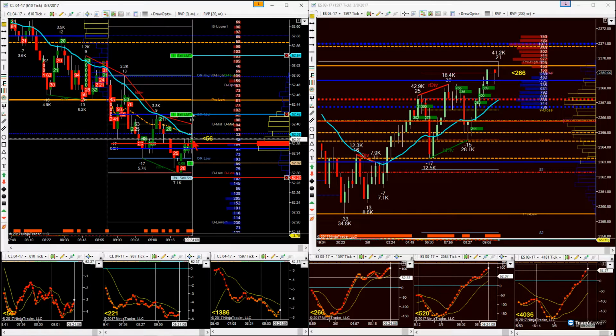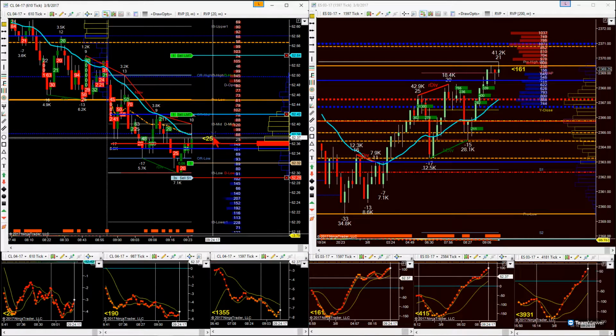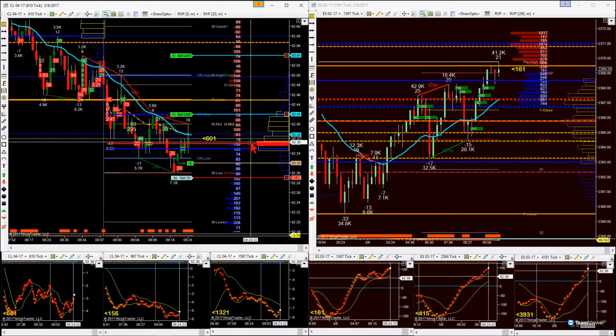That is not what I'm looking for. I don't like the trade above VWAP, get right back below it. We're a little thin now on the offers, and that could change in an instant. We're a little thin on the offers, so I like that. But we got to see the bids come up.